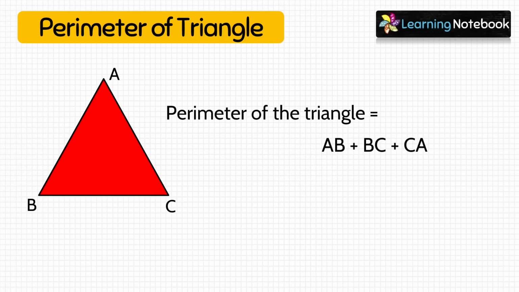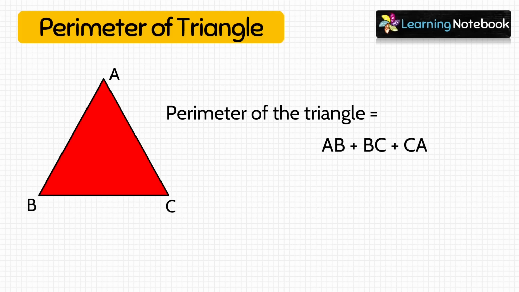Now suppose we are given the lengths of three sides of this triangle, that is AB equal to 4 cm, BC equal to 5 cm and CA equal to 4 cm. So how do we calculate its perimeter?